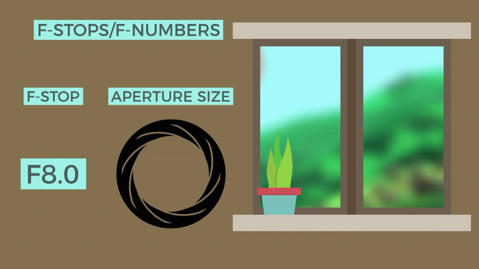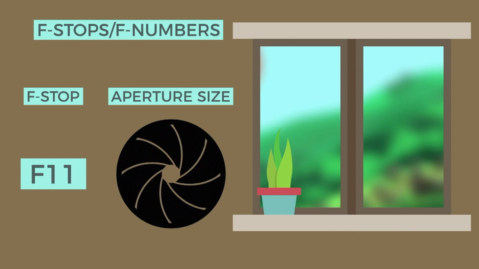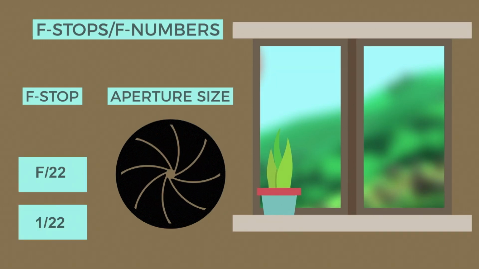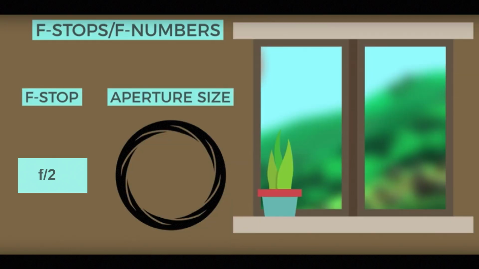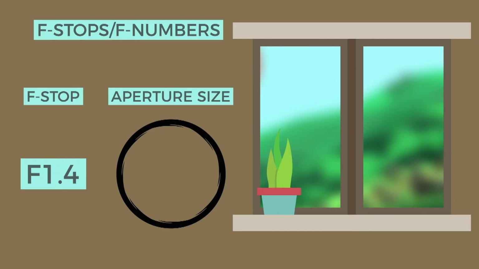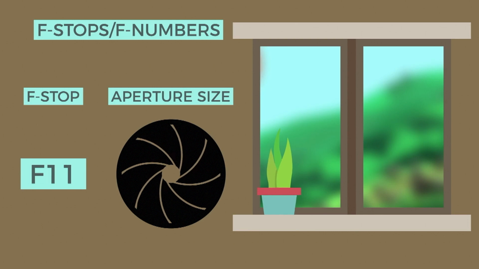It's best to think about things as a fraction. So 1/22nd would be a smaller opening than f2, for example. So an f-stop of 1.4 is larger than an f-stop of 2.8, and much larger than f8 or f11.